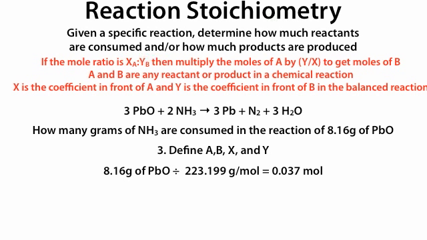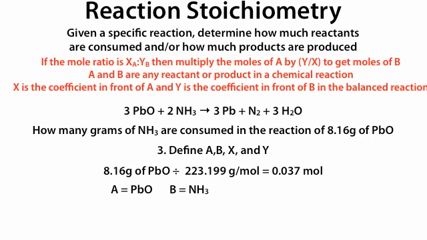Since we have the moles of PbO and we are looking for the moles of NH3, A is PbO because it's the moles we have, and B is NH3 because it's the moles we're looking for.